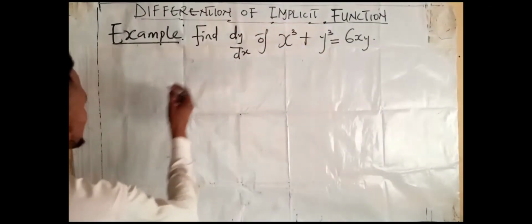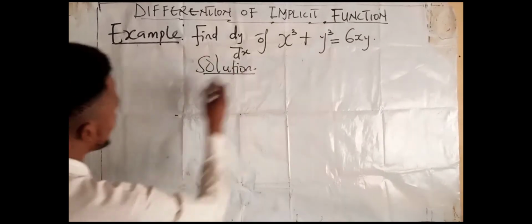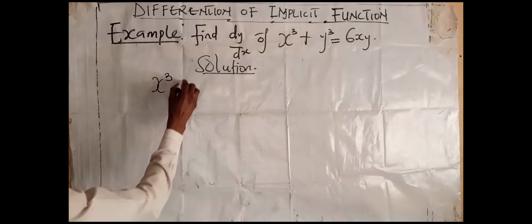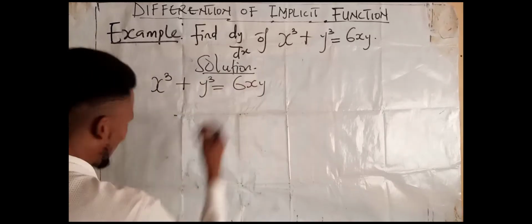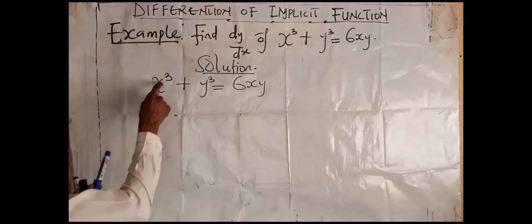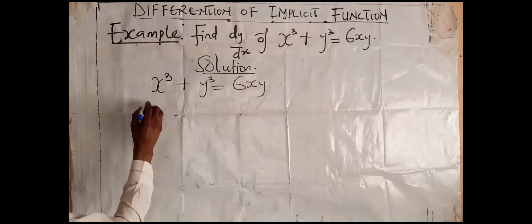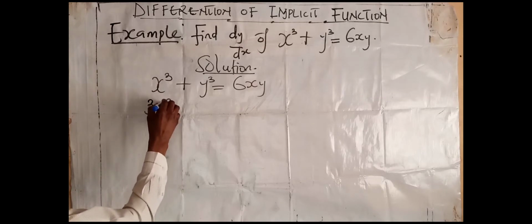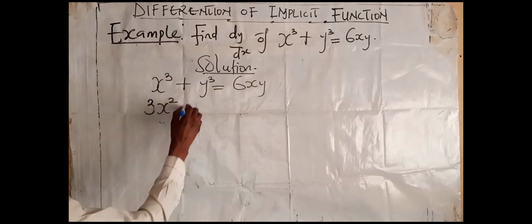Now look at this. This is my solution. This is x cubed plus y cubed is equal to 6xy. As I earlier told you, if I want to differentiate my x, I will differentiate directly. So this gives me 3x squared.